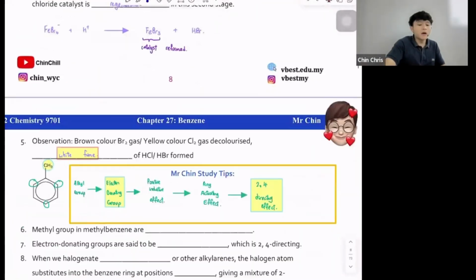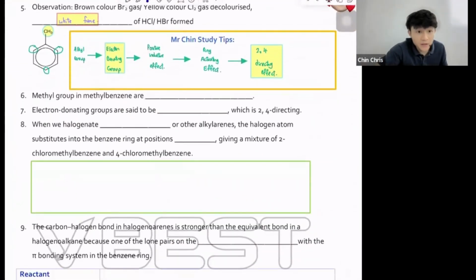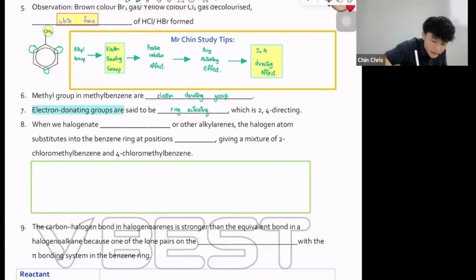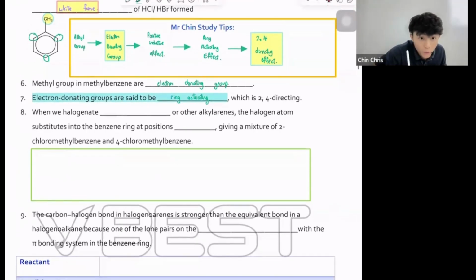Alright kid. So the methyl group in methylbenzene is an electron donating group. Electron donating groups are said to be ring activating. Highlight the words electron donating group, ring activating, 2,4 directing.